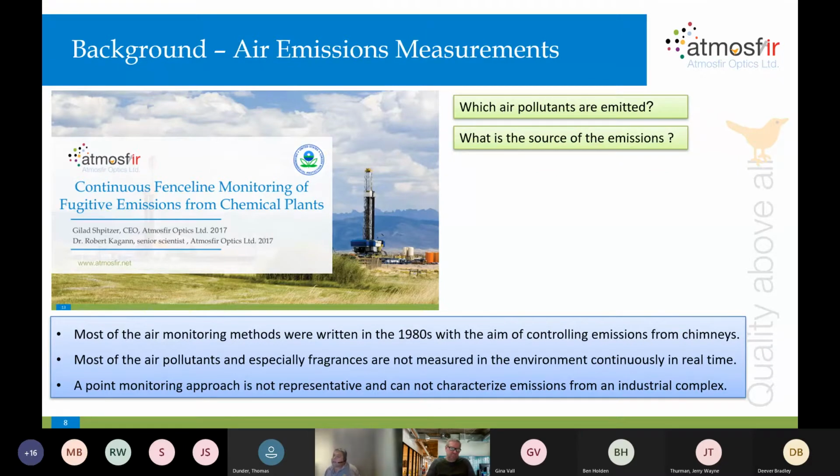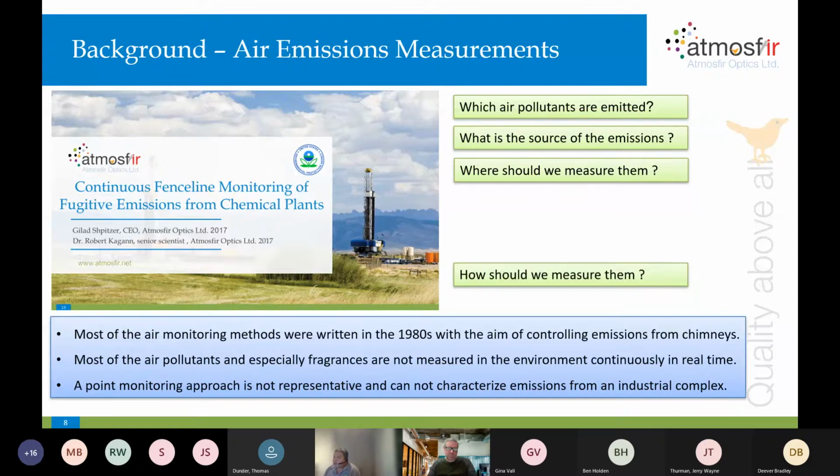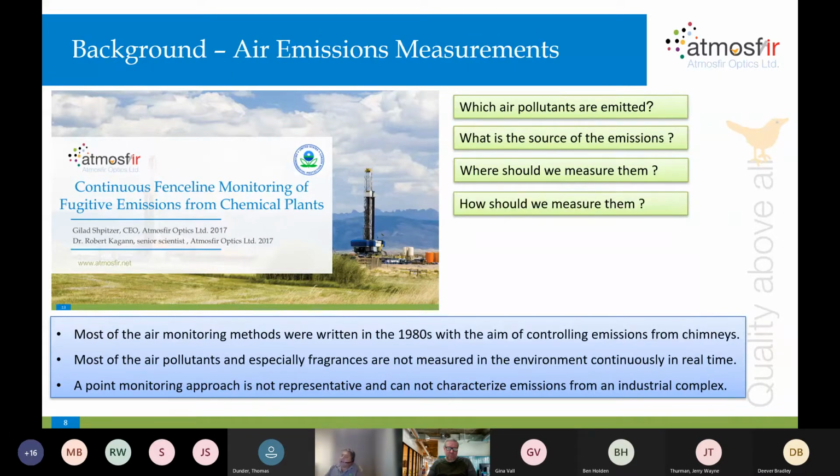Is it the tank farm or the flares or something like that? And when we know what we are looking for and where it's going out of, then we should decide where we should measure: near, far away, downwind, upwind, a lot of other questions, what height, and then we should decide about the technique that we're going to use.